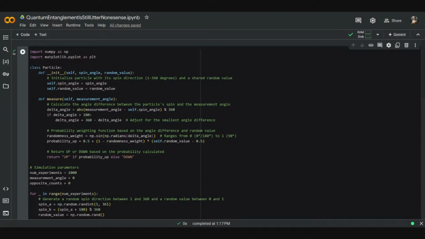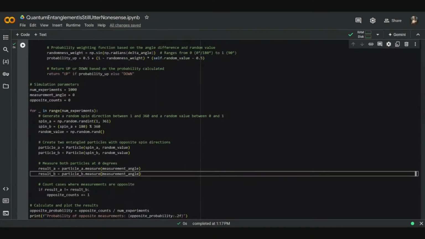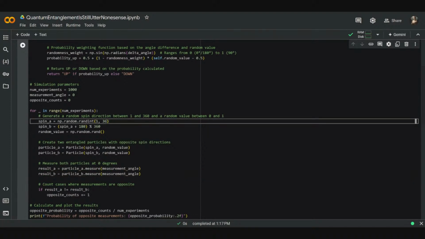All right. The problem with this is I don't know exactly what it's doing. How could it get the same? This is ridiculous. So let's just make sure that there's no problem. Okay, spin A is random. No, 1 in 360. What do you mean 1 in 361?